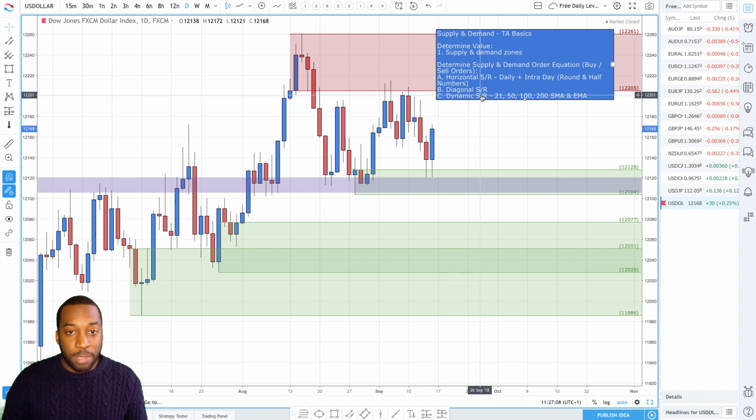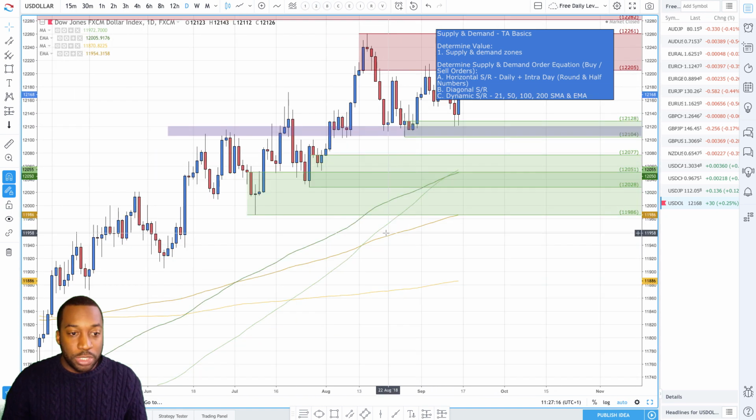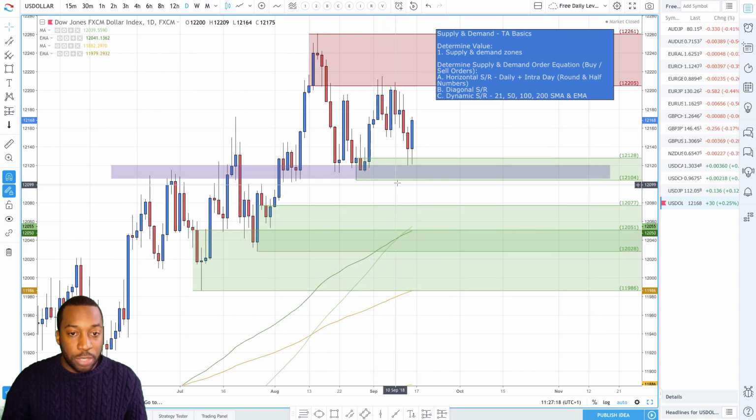Then we look for dynamic support and resistance, which are basically moving averages, the 21, 50, 100, and 200 EMAs and SMAs, as traders do take these into consideration when looking to buy or sell. We don't use moving averages to determine which way to buy or sell; we just use them as technical support or potential resistance.